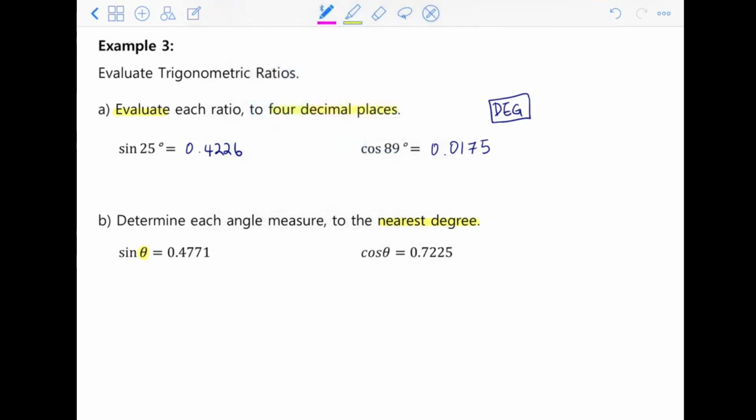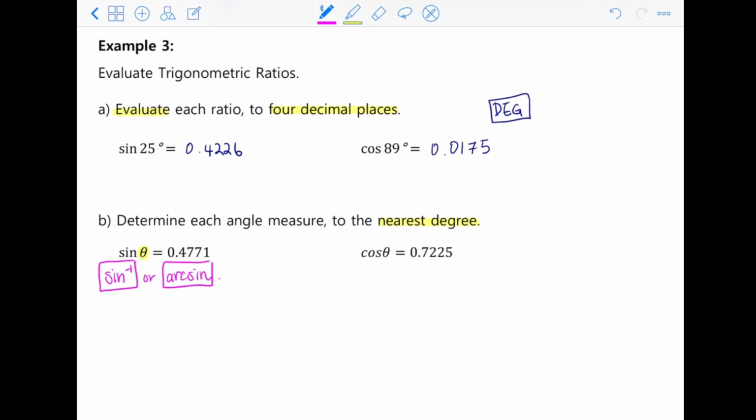The notation we'll use is arcsine or sine inverse. Arcsine here. They're the same thing. On your calculator, you might have this button or this button depending on the brand. So just understand that they're both the same thing, okay? So we must perform the opposite operation to find the missing angle.